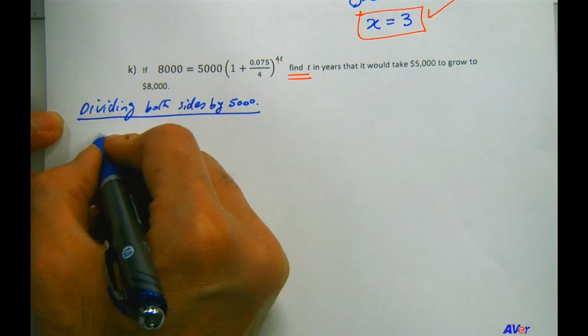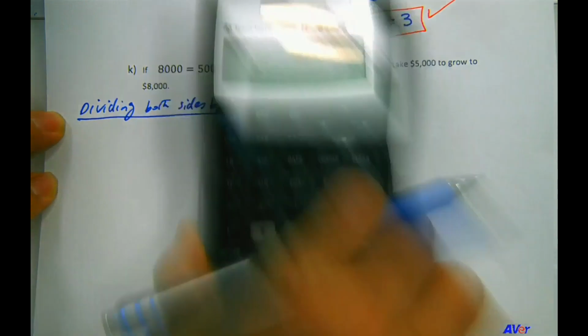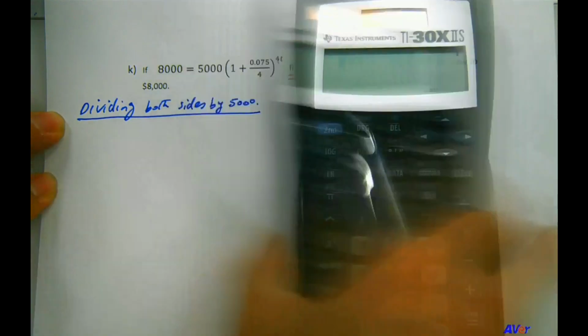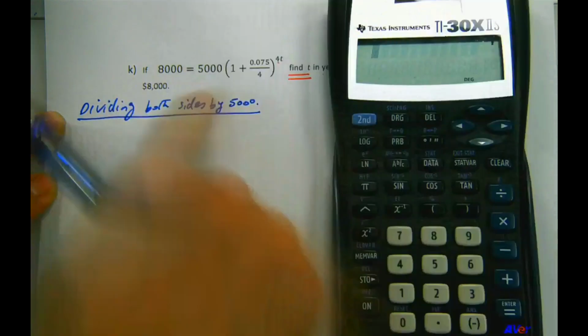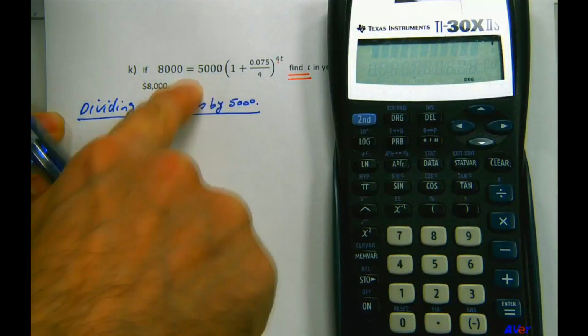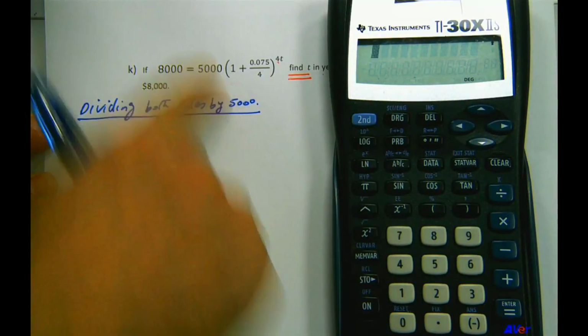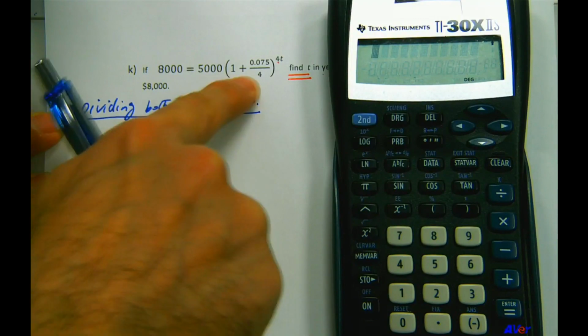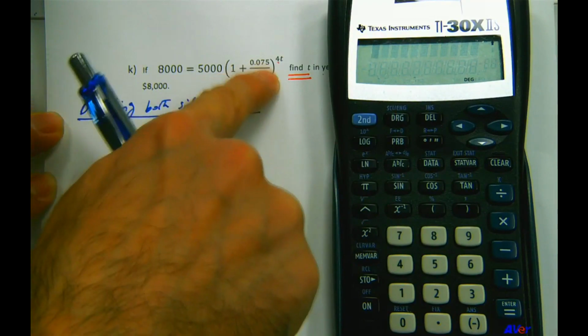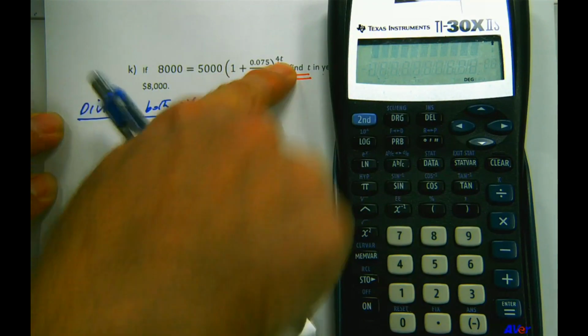So we have, let's divide 8,000 by 5,000, because the right-hand side is easy, right? You divide the right-hand side by 5,000, the 5,000 cancels out. You end up with 1 plus 0.075 over 4 to the 4t power.